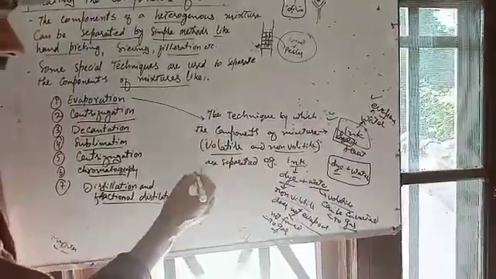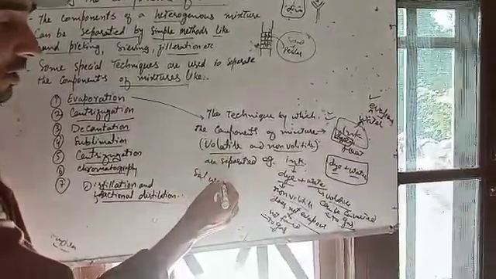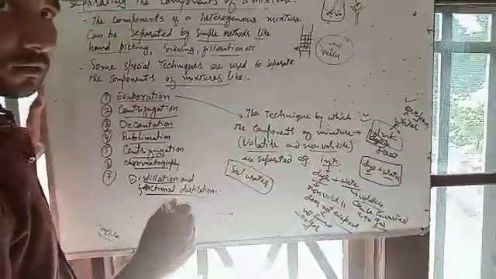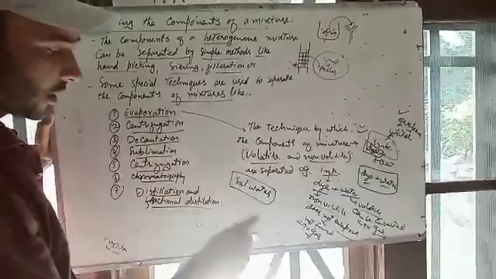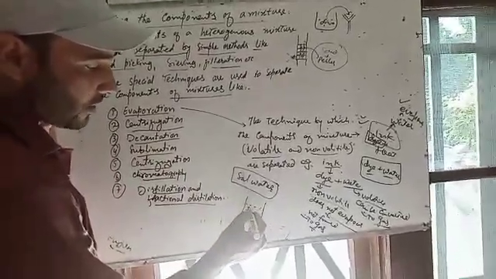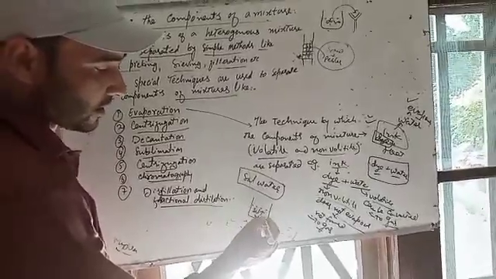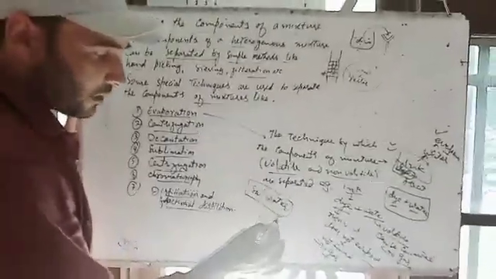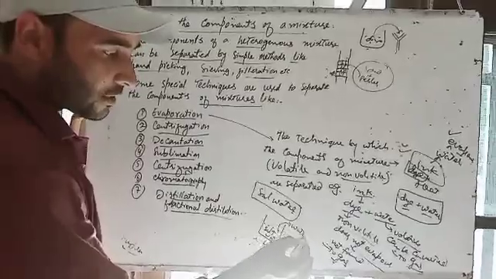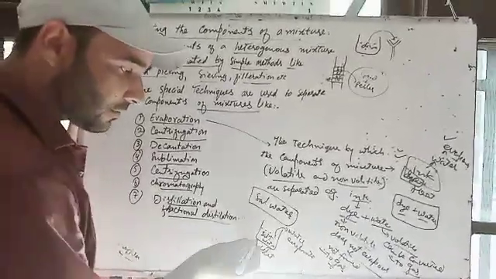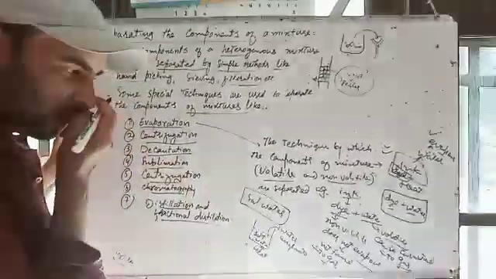Another example is salt water. How can you separate the water from the salt? Through evaporation. Simply you have to heat the salt water glass. What happens? The water will evaporate, and the salt will remain at the bottom of the glass.